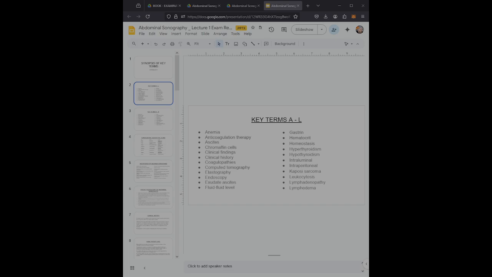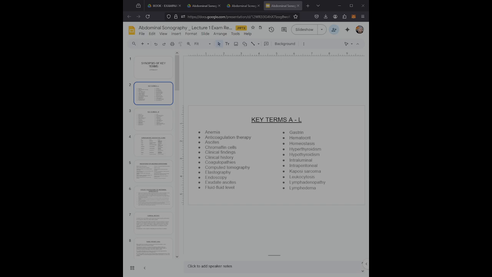Endoscopy is a means of looking inside the human body using an endoscope. Exudate ascites, it's a collection of abdominal fluid that is associated with cancer. Fluid-fluid level is a distinctive line seen within certain complex cysts, and it represents the layering of 2 different fluid densities.